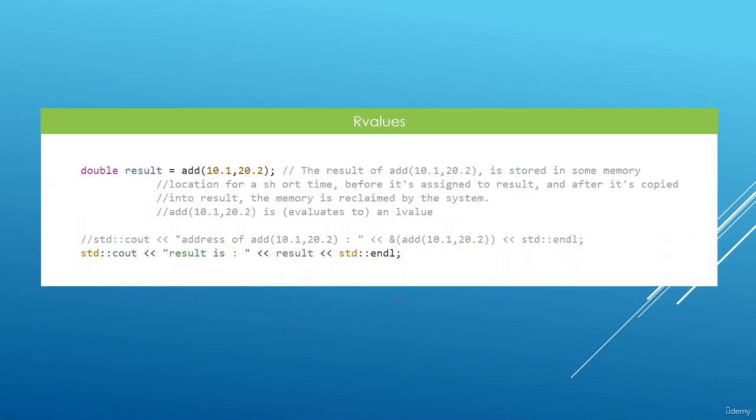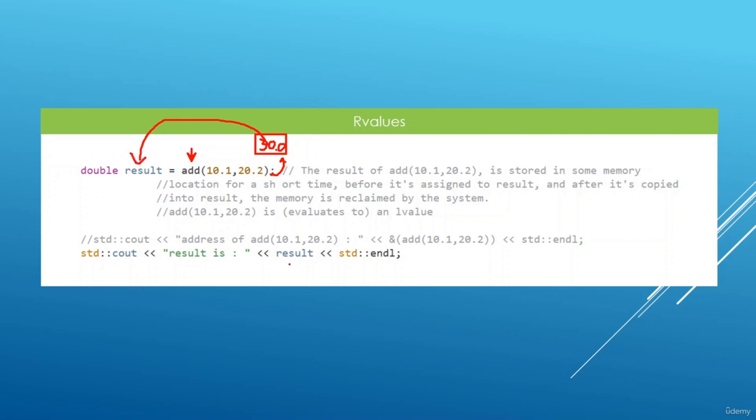Let's look at another example for Rvalues. For example, if we have an add function which returns a copy. So if we add up 10 and 20 here, we're going to get a value. That value is going to be stored in a temporary location. So we're going to get 30.3, I guess. That's what we're going to get from this addition here. This is going to be stored temporarily in this location, and we are going to copy the value in here and store that in our result variable.